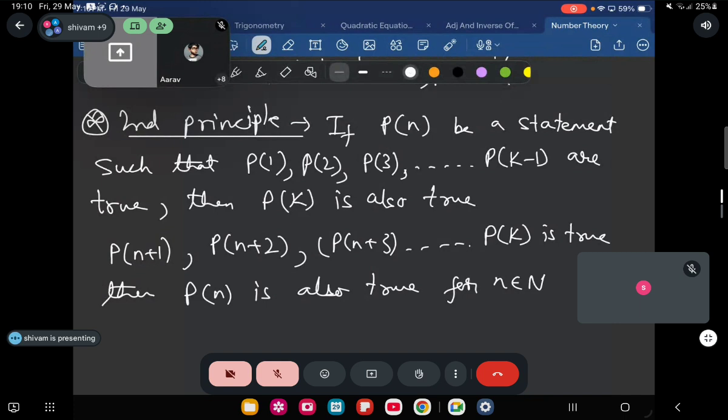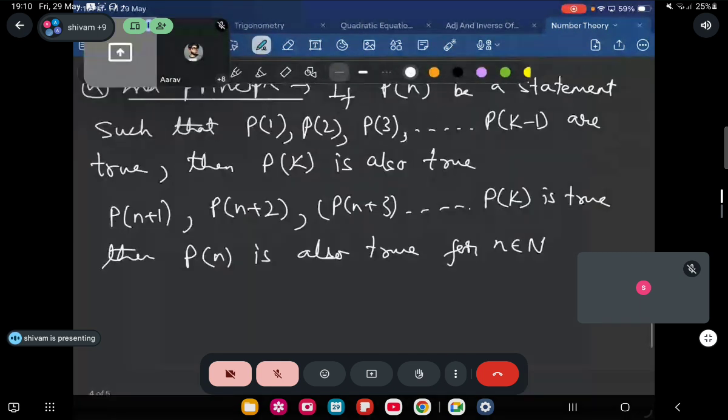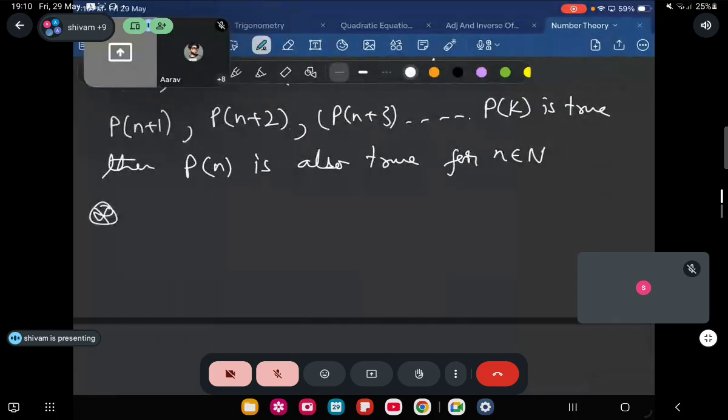Next. There are a few formulas you people should remember. First of all, let us understand the divisibility test of integers, the properties of divisibility.